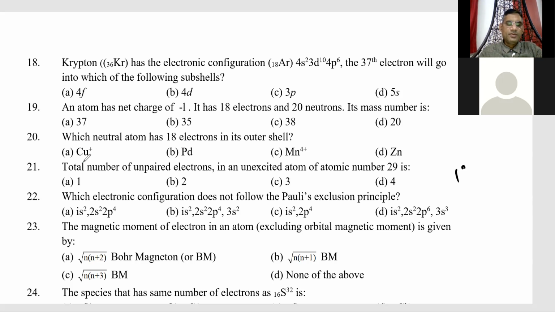Copper is 29. Not 4s2 3d10 but 4s1 3d10. So in 4s there is 1 unpaired electron.